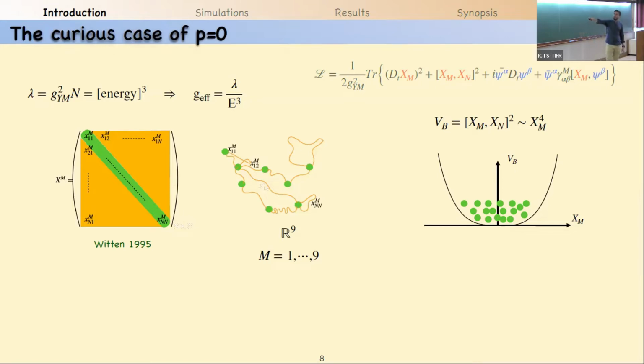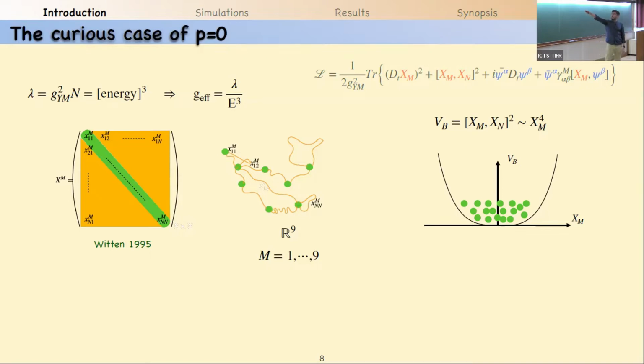The diagonal elements will correspond to locations of these zero branes, and non-diagonal elements will correspond to open strings stretching from one D0-brane to another. This information concerns one dimension. Since I have 9 of these matrices, I construct the information about how these D0-branes spread in R^9.